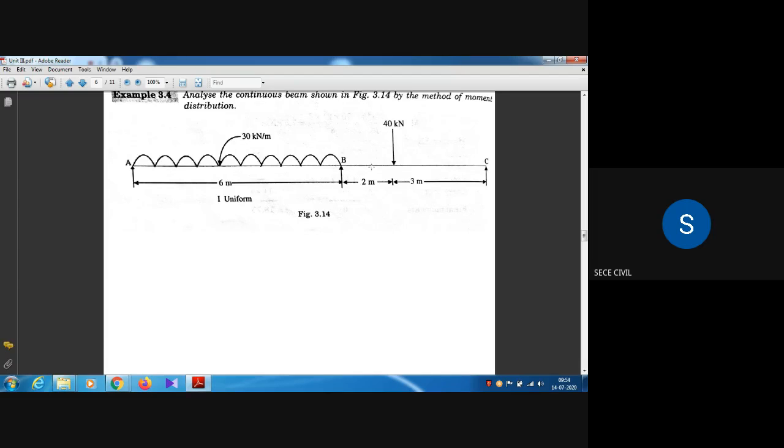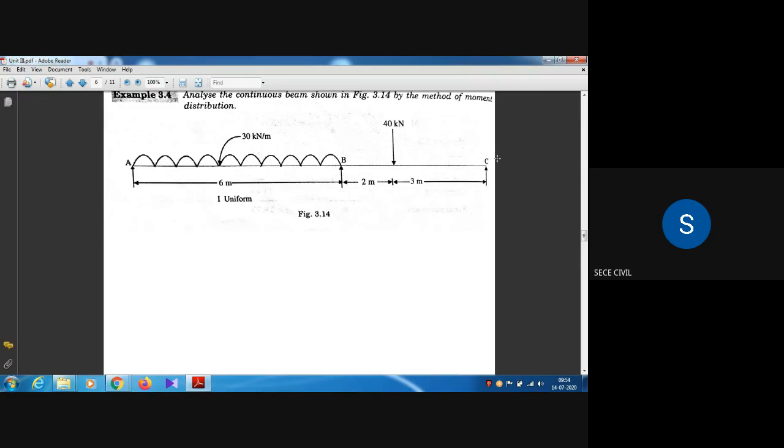If the span has an eccentric point load, then what will be the fixed end moment formula? Morgan Kumar, can you answer? W A B square by L square, sir.